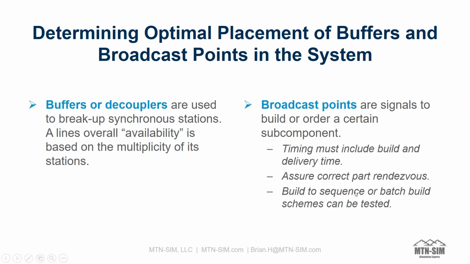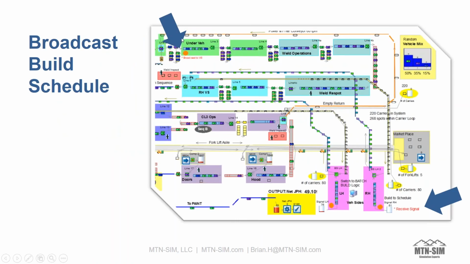And finally, when we're designing a system, buffers and decouplers are very key to the overall design. So when we put all our stations together and make up groupings for lines, when stations push into each other, we pick up synchronous behavior. Each one of these stations has its own respective availability.